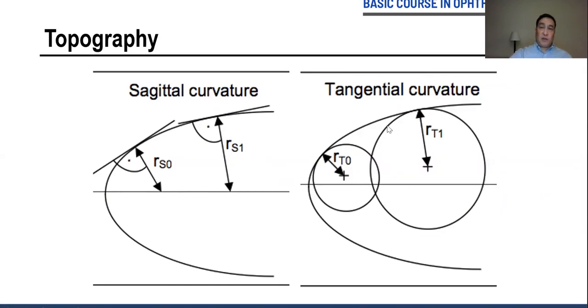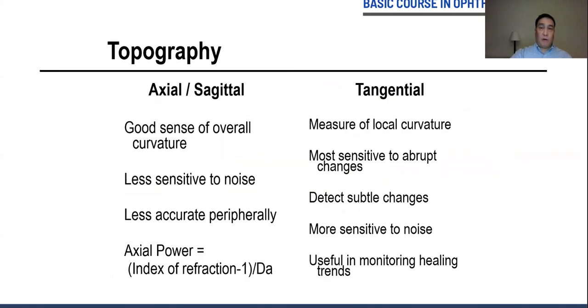A tangential curvature map uses each bump in the cornea as a reference, so this is better in measuring fine changes in the surface of the cornea, particularly in the peripheral part. So again, what's the difference?